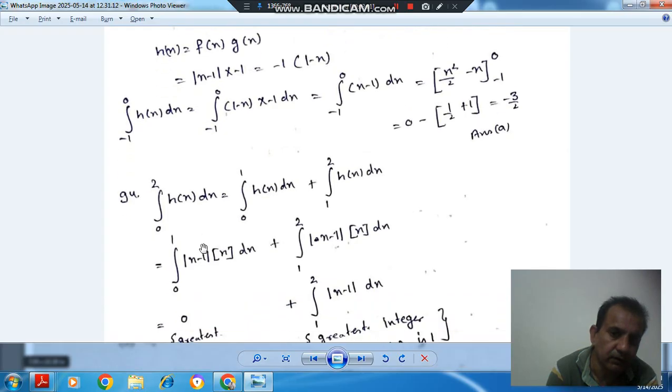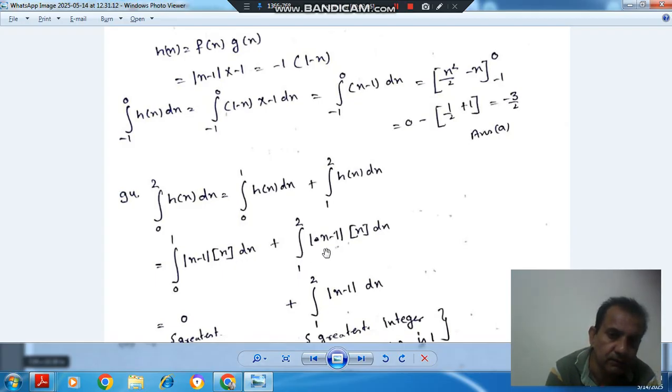Now for question number 94, we have to find the integral of h(x) dx from 0 to 2. So this can be written as the integral from 0 to 1 of h(x) dx plus the integral from 1 to 2 of h(x) dx. Now we can put the expression for h(x), that is f(x) into g(x). So that is modulus of x minus 1 times the greatest integer function of x dx.